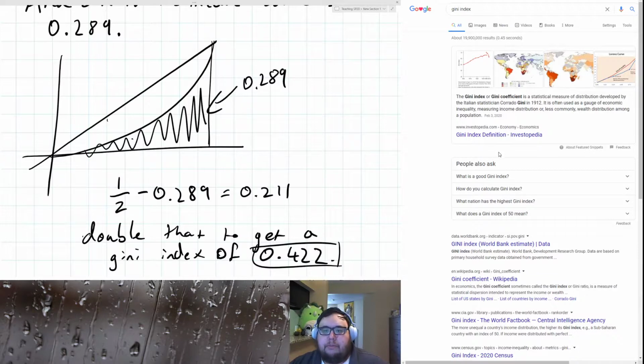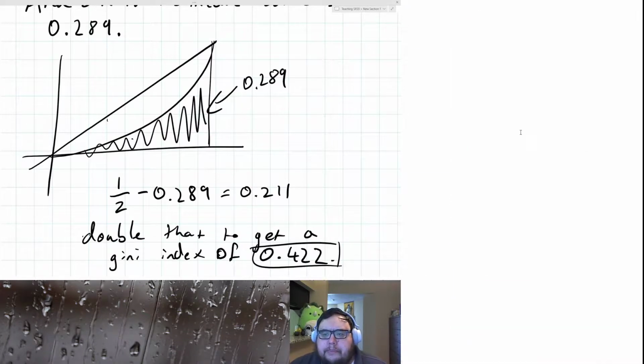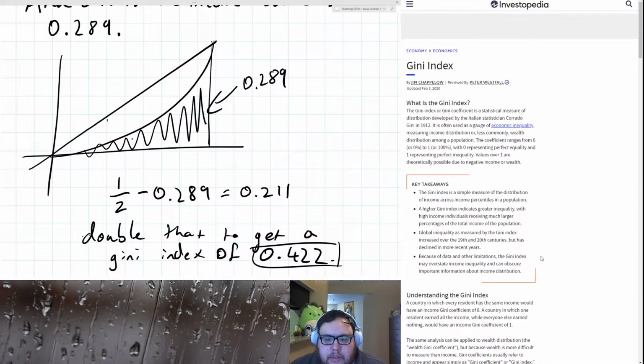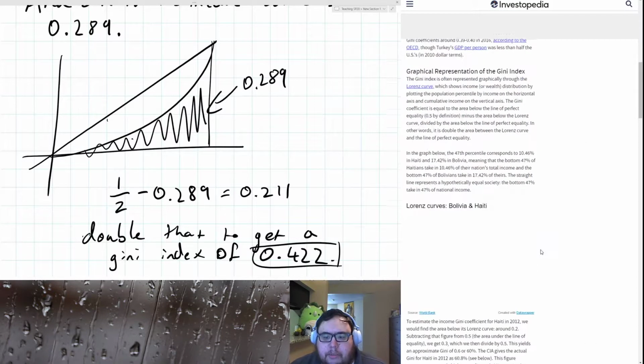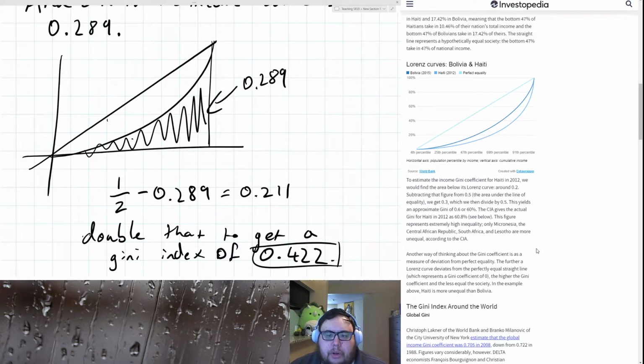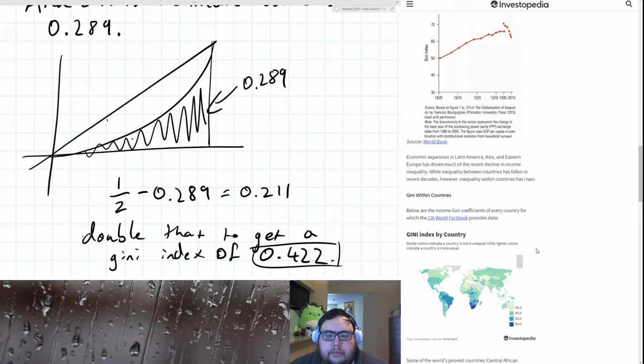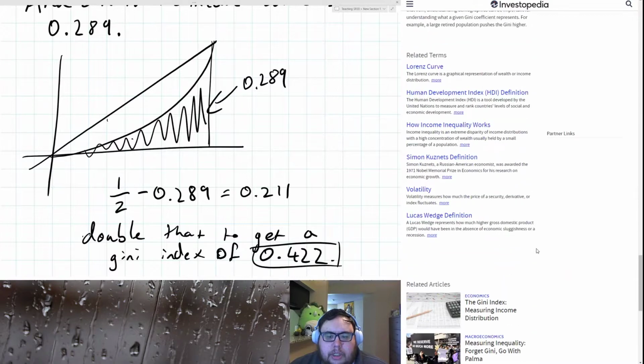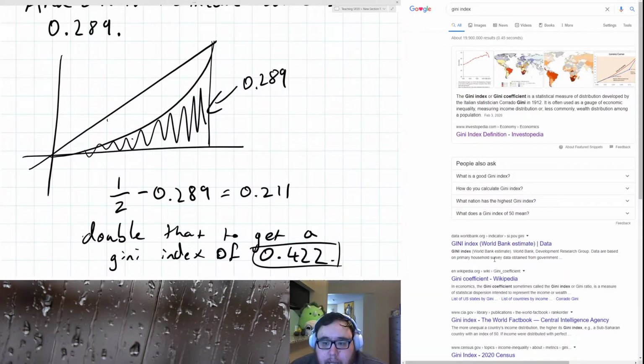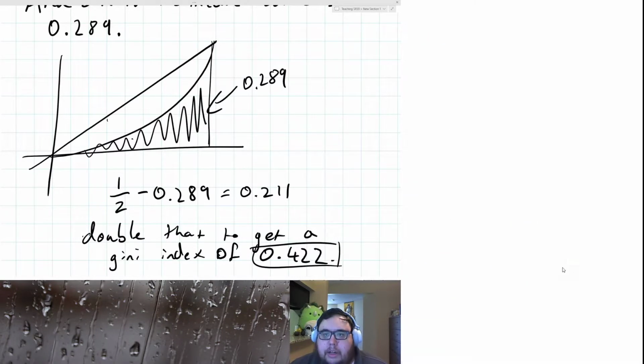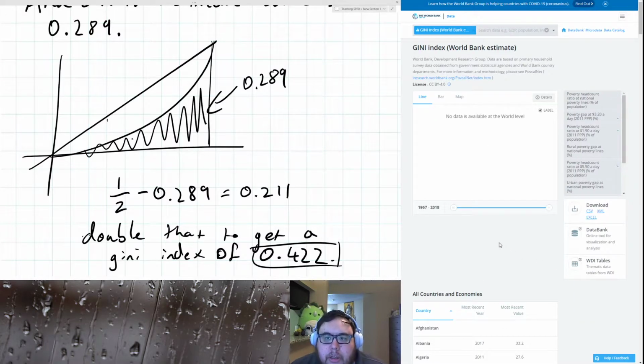The Gini index is a real thing. Oh, sorry, it's Corrado Gini, not Lorenzo Gini. It's the Lorenz curve. And it is a simple measure of distribution of income. So, for example, let's see if we can grab some data here, maybe from the World Bank.